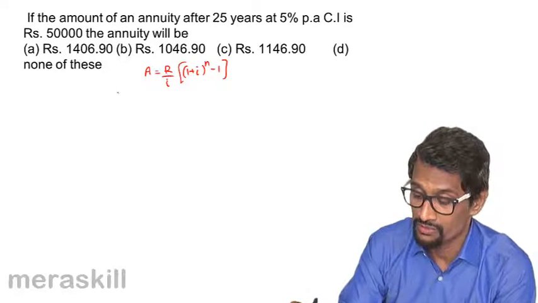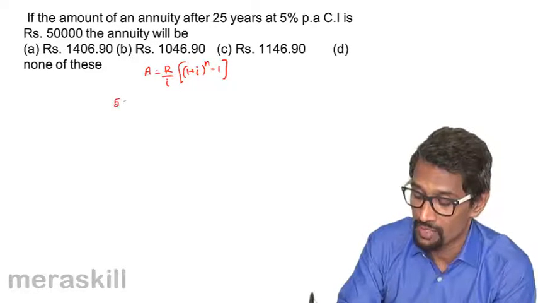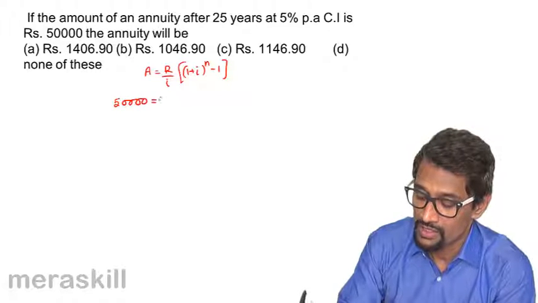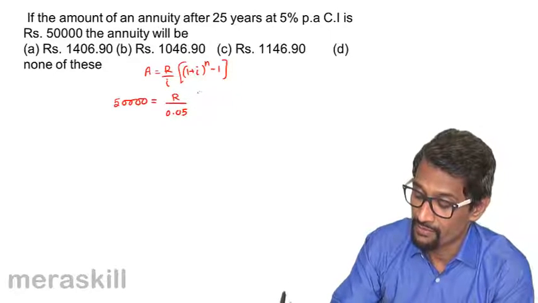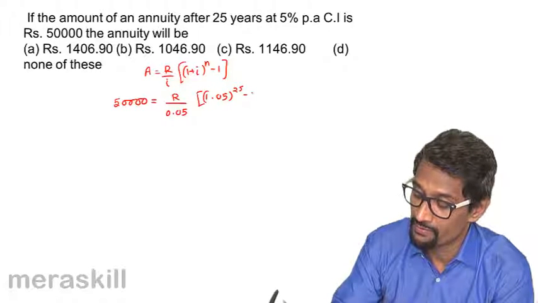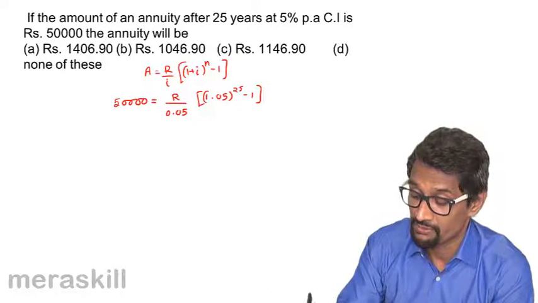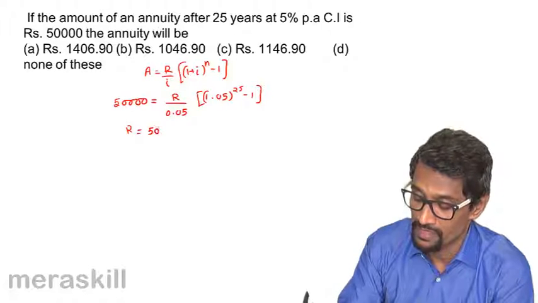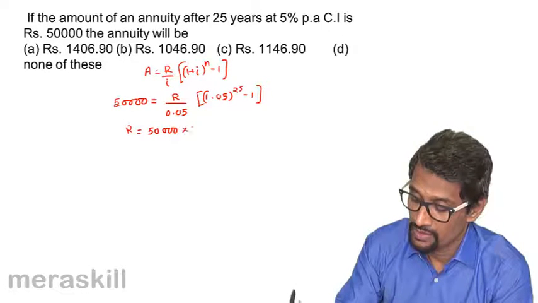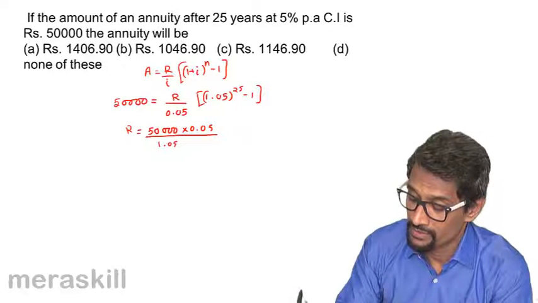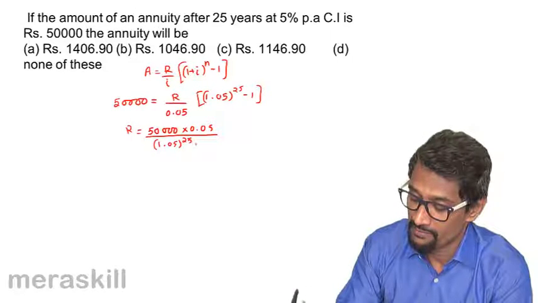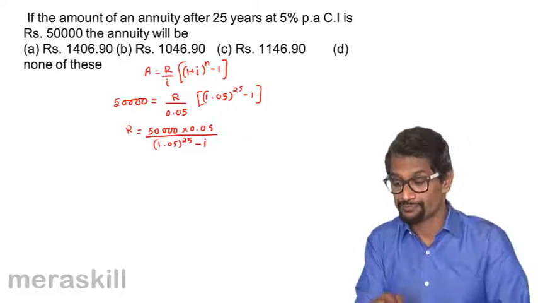So let's substitute the values. 50,000 is equal to R upon 0.05 into (1.05 raised to 25 minus 1). So we need to find R, which is going to be 50,000 into 0.05 upon (1.05 raised to 25 minus 1).